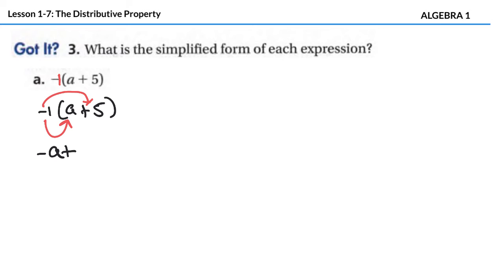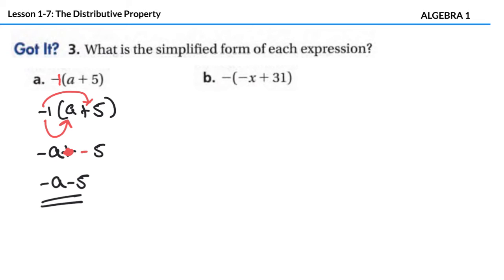Negative times positive is negative. So we can write this as negative 5. So our final answer is going to be negative a minus 5. Let's try another.